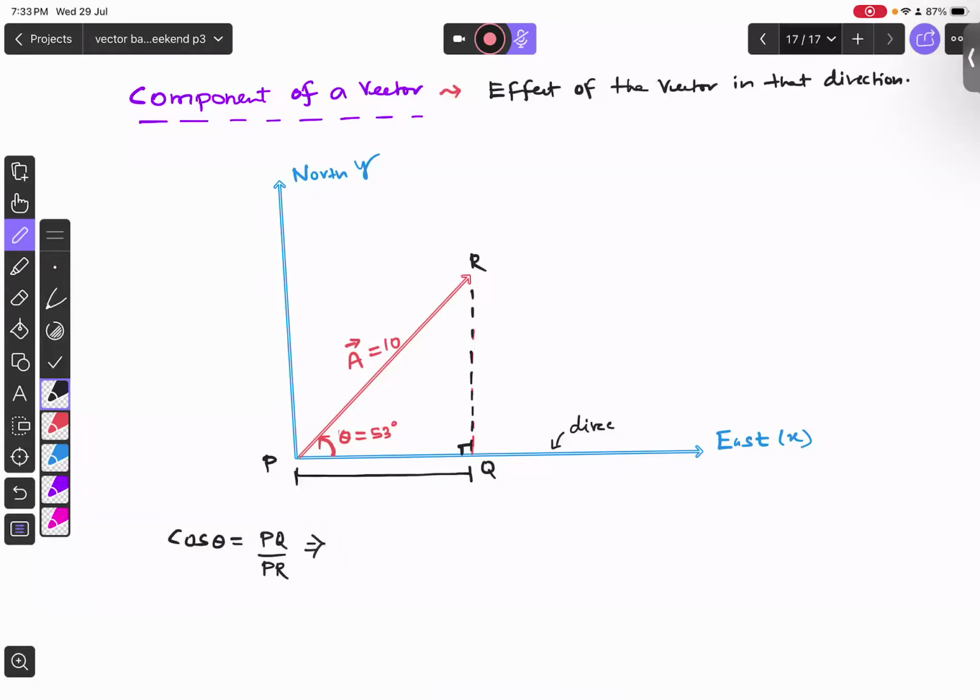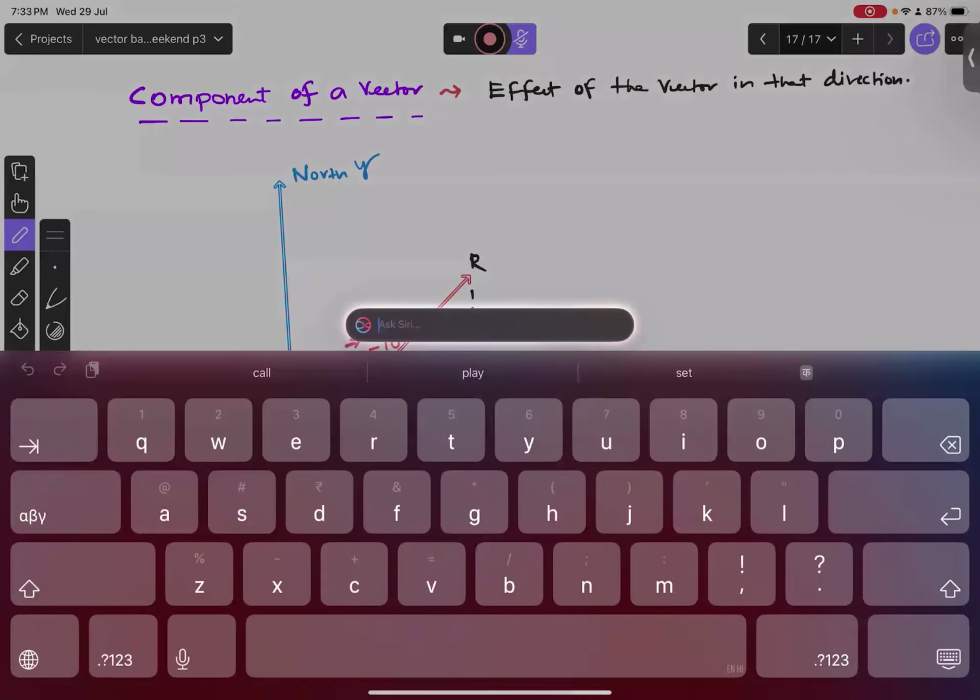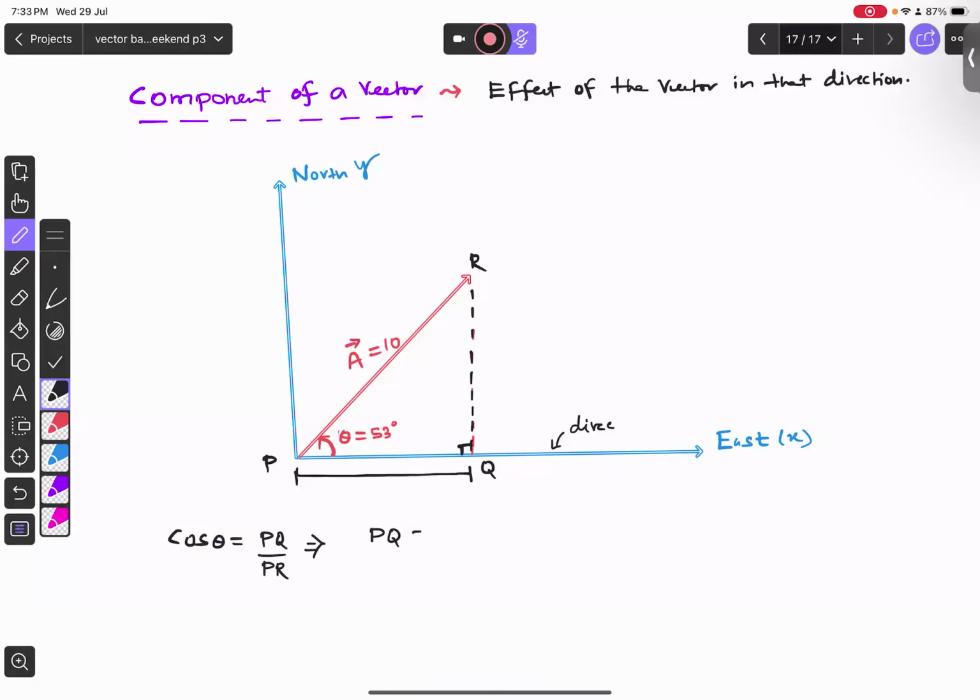So PQ will be PR cos theta. PR is of the same length as the vector A, so A cos theta.